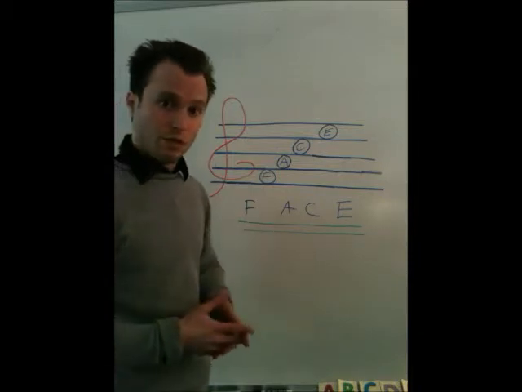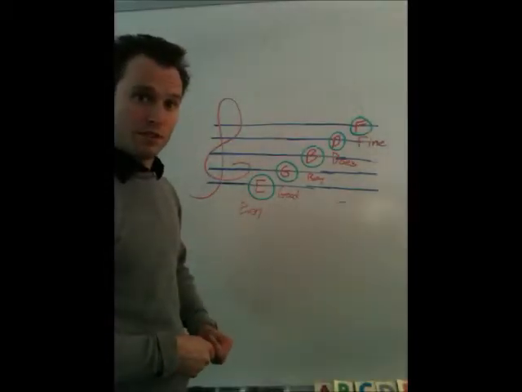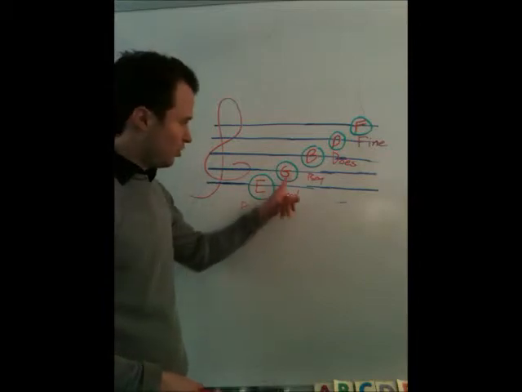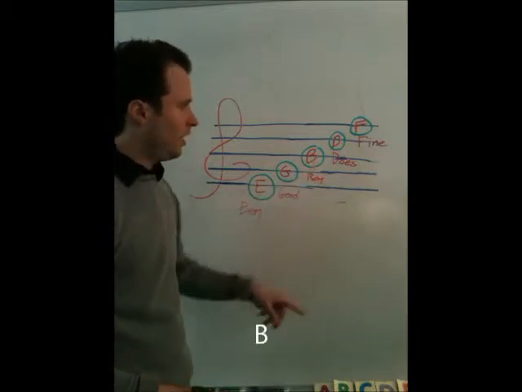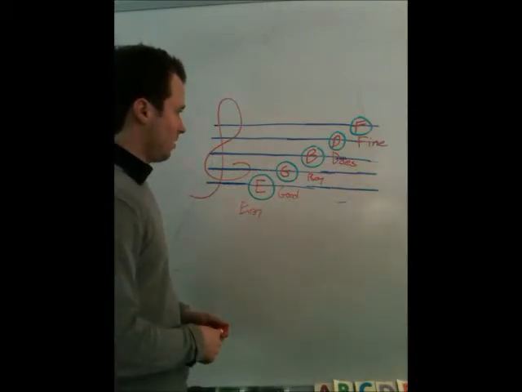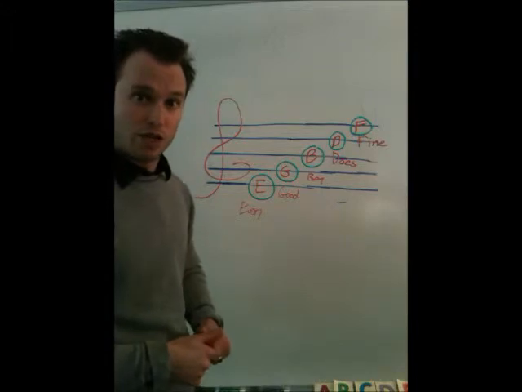Now, what do you do with the notes that are on the lines? How does that work? Well, let's take a look. The notes on the lines, that's a little bit of a different story. They happen to be E, G, B, D, and F, which of course does not spell a word, so we use an acronym and take the first letter of each word.